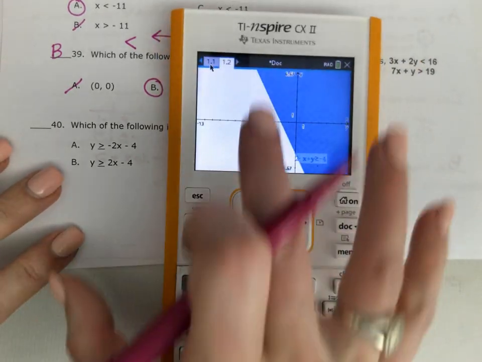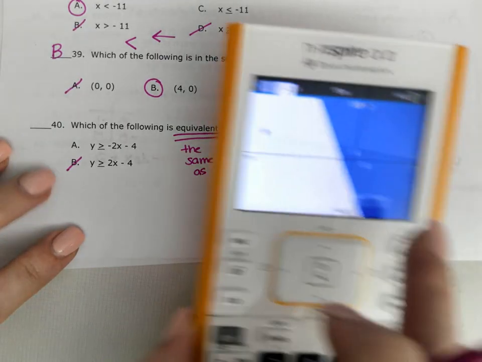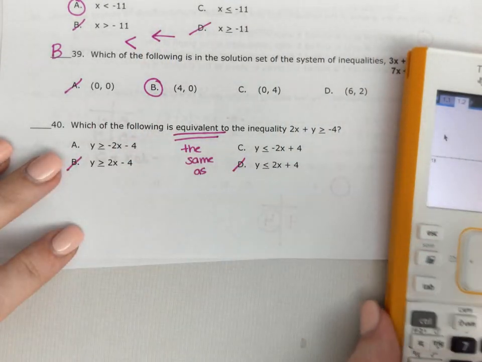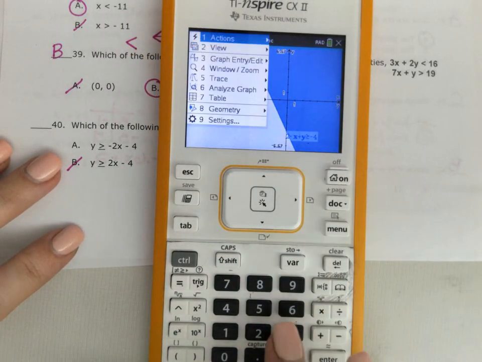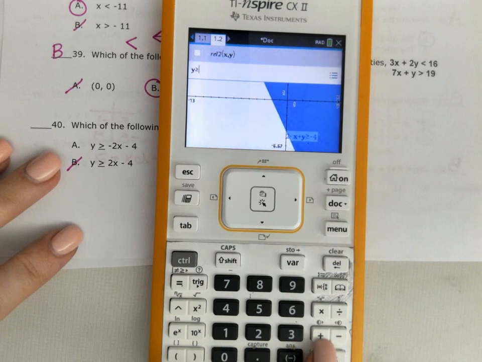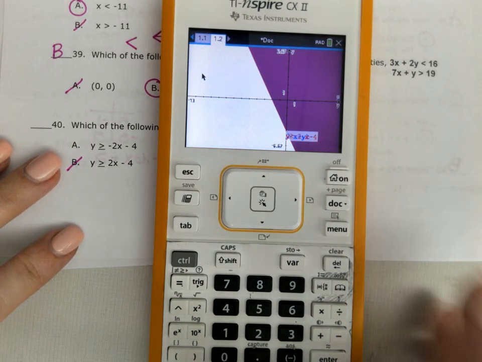So right away I can see it has a negative slope, so it's not going to be B or D. And let's see which one it is. That y-intercept is negative, so I'm guessing it's A, but let's double check. Menu 3, 2, y is greater than or equal to negative 2x minus 4. Yep, that is the exact same.